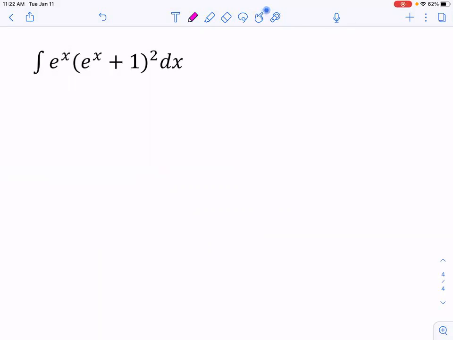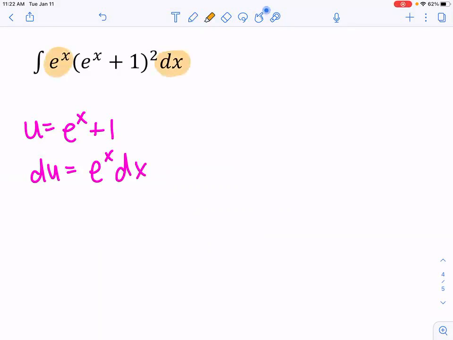So we could totally let u equal the e to the x plus 1 that is inside that square, because then du is e to the x dx, which is totally in our integral.